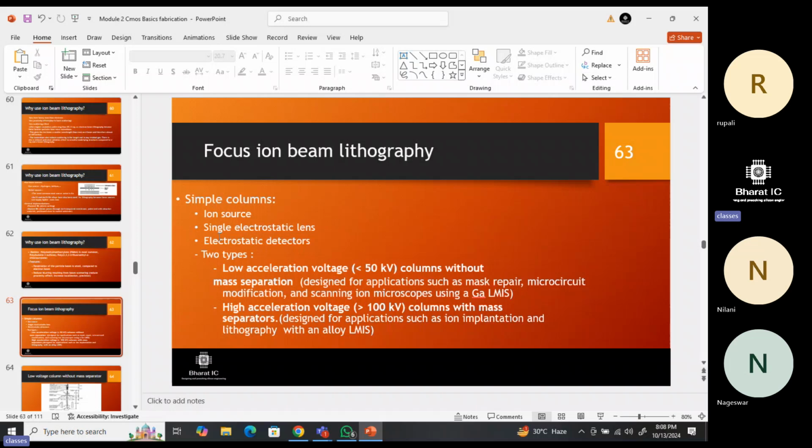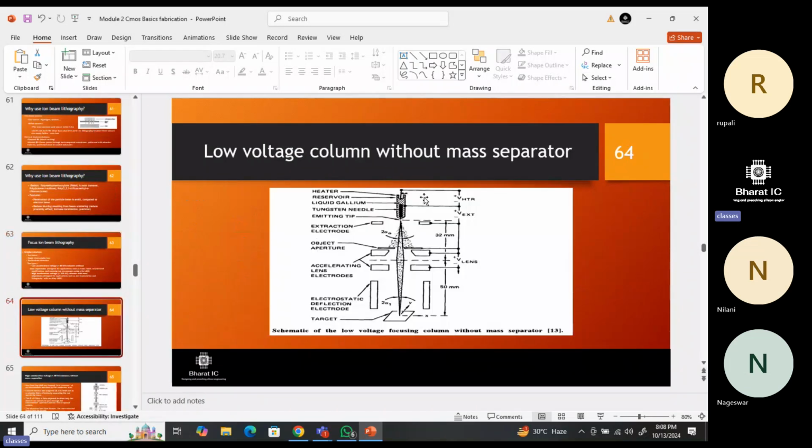Okay, now if you come to the low voltage column without mass separator, this is actually the ion beam lithography machinery. The big machinery has this kind of component, with a heater and a reservoir where the liquid gallium is present, with Ga, as we showed. That is actually responsible for creating the ion source.